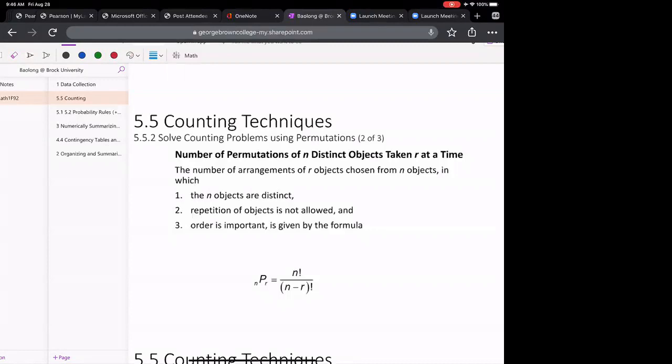If you choose textbook mathematics, English, it is different from choosing English and mathematics. So the permutation formula: you want to choose r objects from n objects, and order is important. The formula is n factorial divided by n minus r factorial.